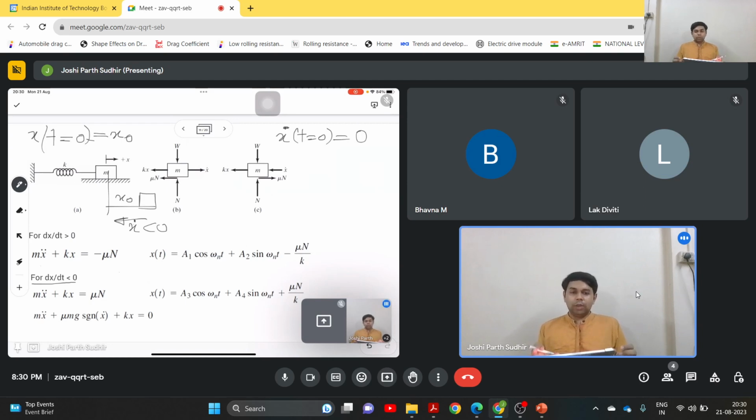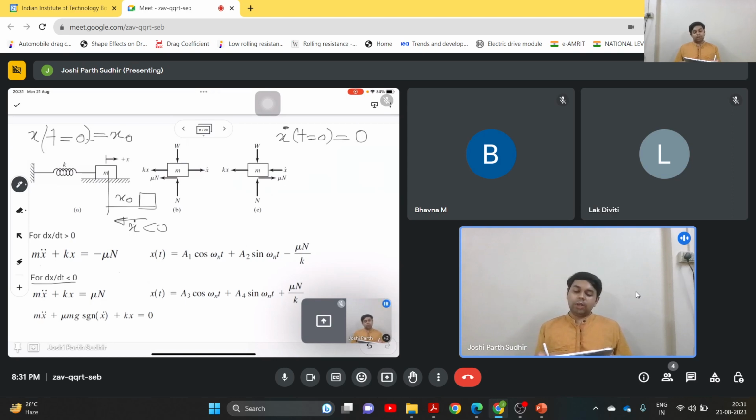Just after releasing the block, the time t is nearly 0, so there won't be much displacement in that very short infinitesimal time.